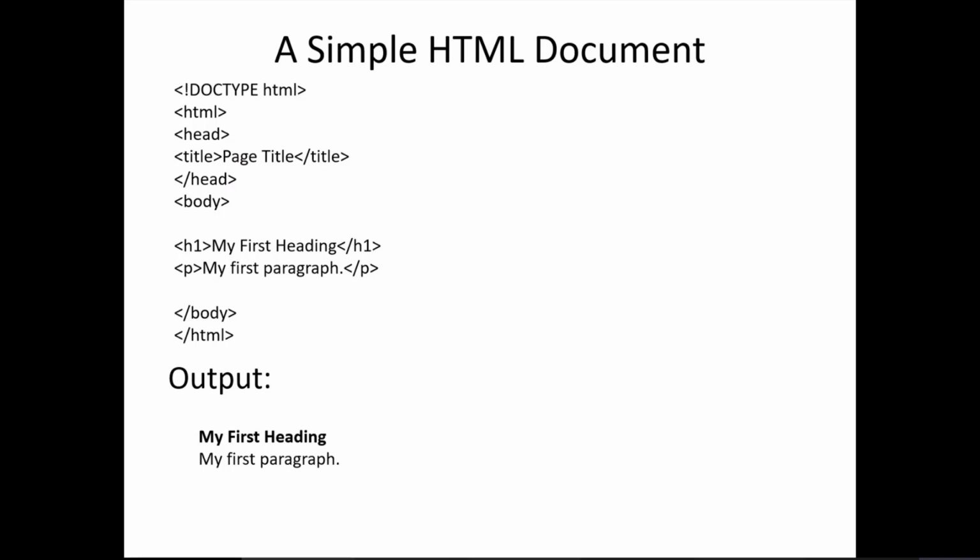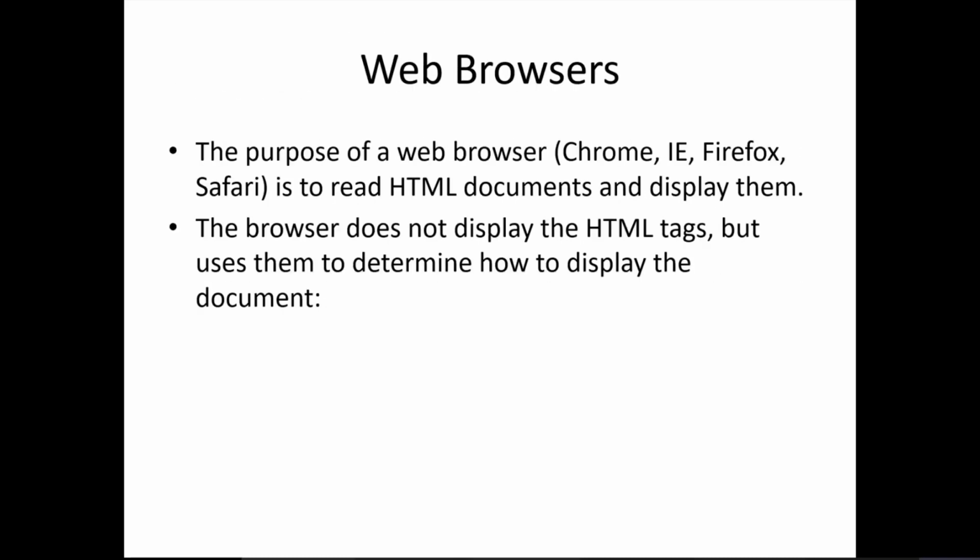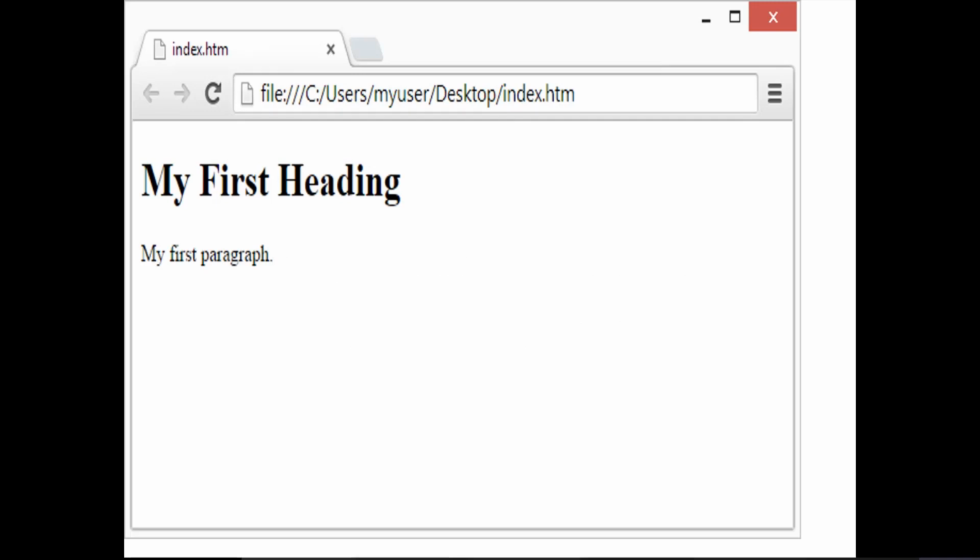As you can see, the title is page title, and inside the content we have my first heading in the heading tag and my first paragraph in the paragraph tag. On the web browser, you can see it shows my first heading as the heading and my first paragraph as the paragraph.